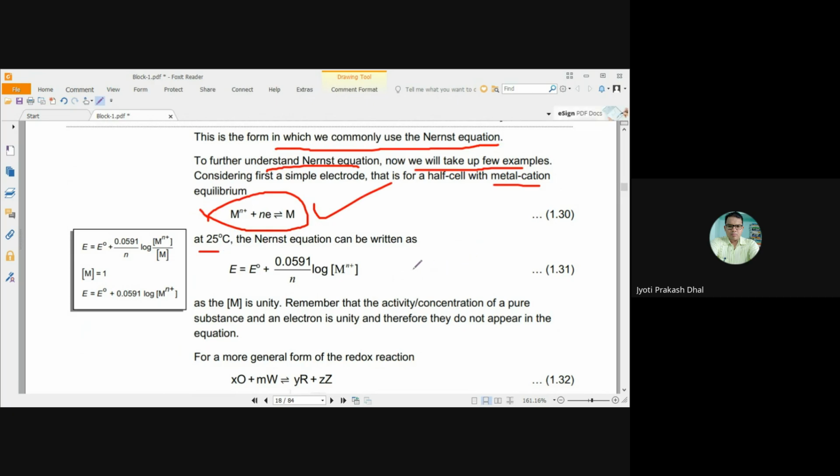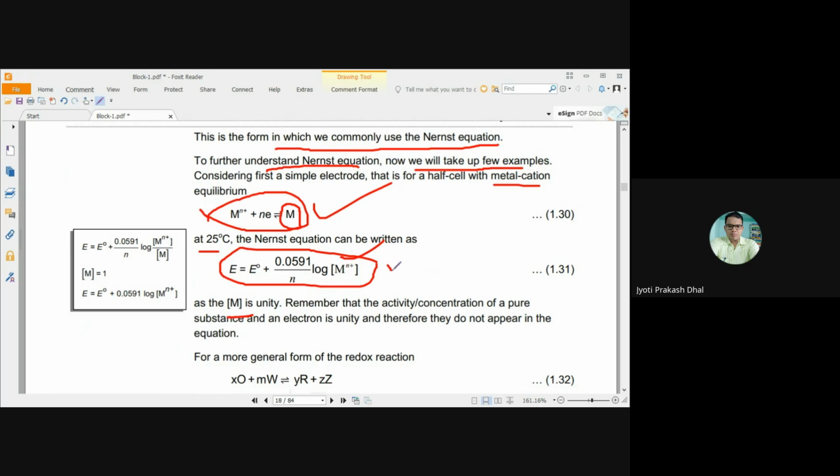The Nernst equation can be written as E equals E° plus 0.0591 by n log concentration of M^n+ divided by concentration of solid, but we know that concentration of any solid substance is unity.